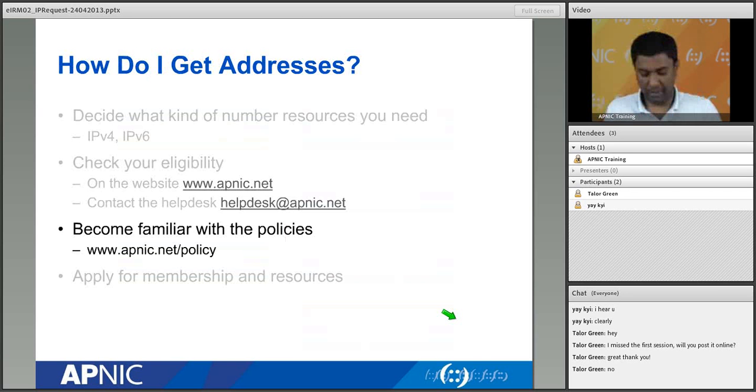For IPv6 you can also get it as an enterprise, as a small multi-homing organization. The criteria is the same. The difference between v4 and v6 is that in IPv4 you need to show APNIC you are multi-home now, or will be in 1 month's time. In IPv6 you either are multi-home now or will be in 3 months' time. This is the only difference: in IPv4 1 month, in IPv6 3 months. That's it.